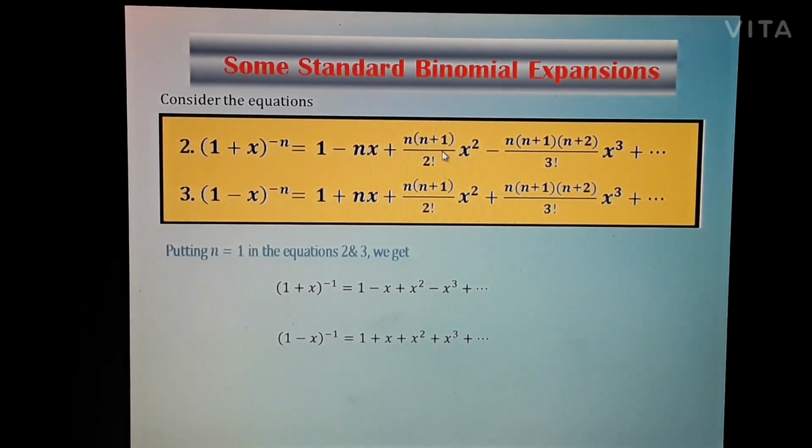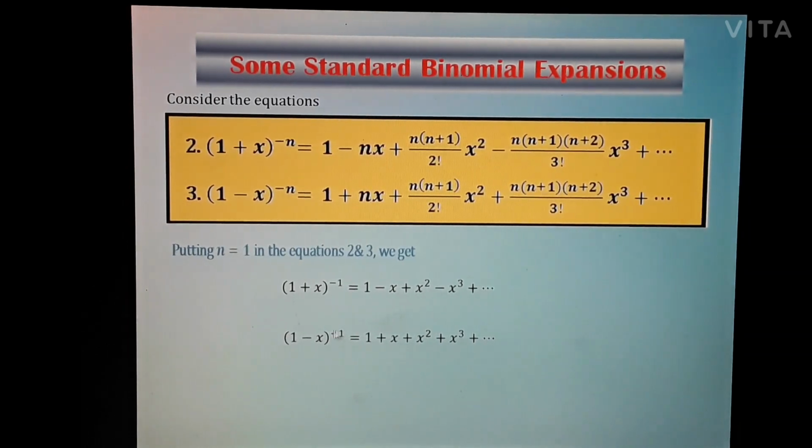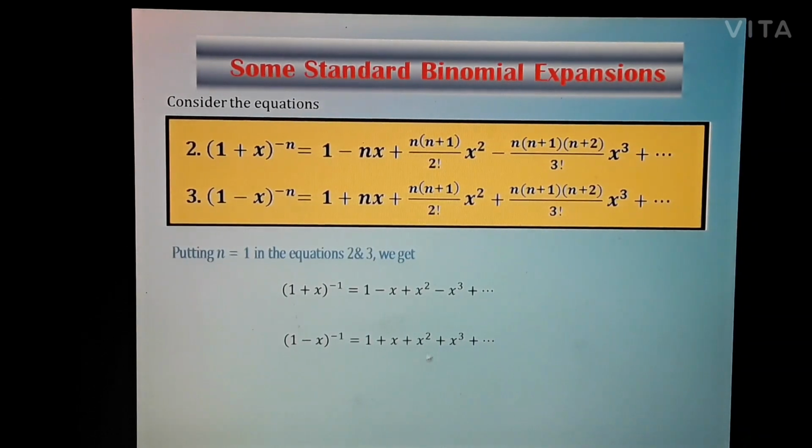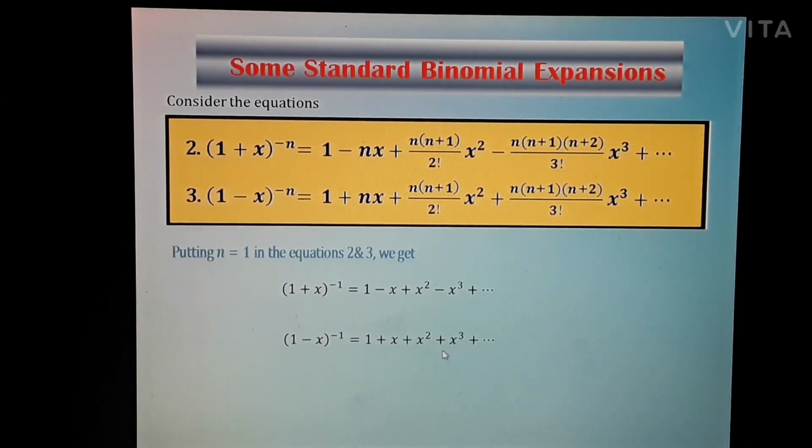So 1 into 2 by 2, the 2 will get cancelled, so simply x square will come. Here 1 into 2 into 3 by 3 factorial, so 3 and 3 will cancel, simply minus x cube will come. Similarly in the third expansion, 1 minus x the whole power minus n, we are replacing n by 1. So again here we are getting 1 plus x plus x square plus x cube plus etc.